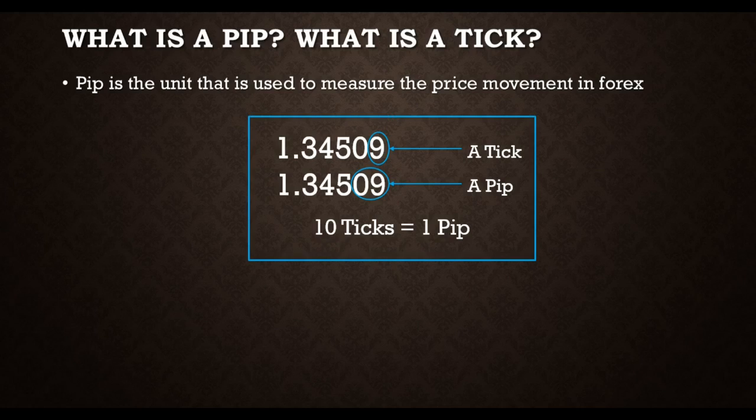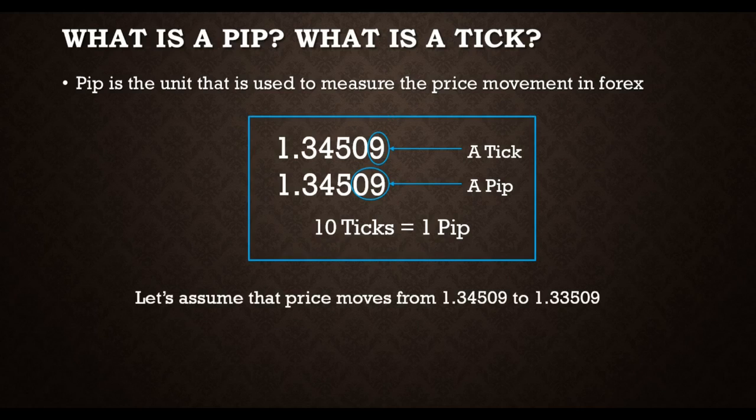So let's assume that the price moves from 1.34509 to 1.33509. Okay, that is a movement of 1000 ticks or 100 pips. That is equal to a change of 1 Canadian dollar cent. 1 cent difference in Canadian dollar is equal to 100 pips or 1000 ticks.